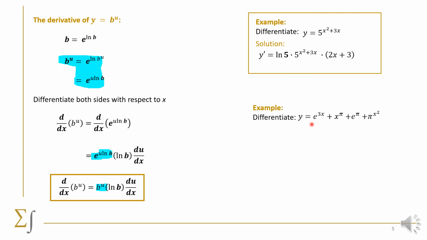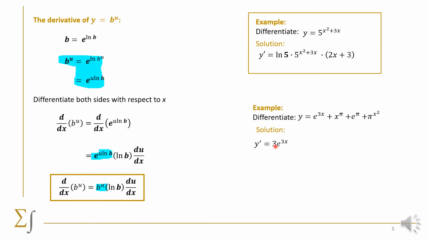Now let's see another example. y equals e power 3x plus x power pi plus e power pi plus pi power x squared. We all know pi, okay? So this is a constant. Now let's see how we will differentiate term by term. The first term will be differentiated to be the exponential function times the derivative of the exponent, which is 3.